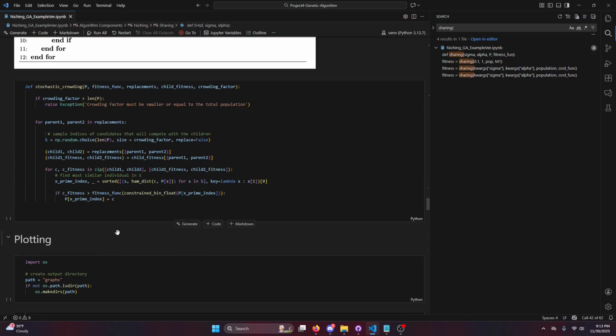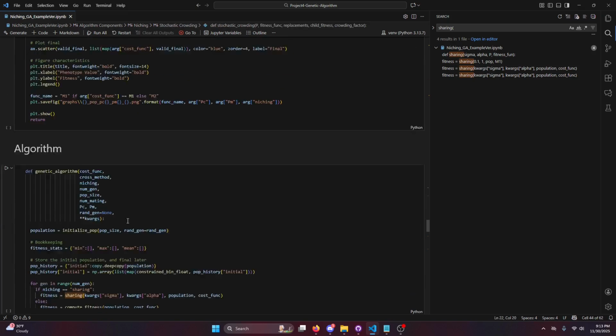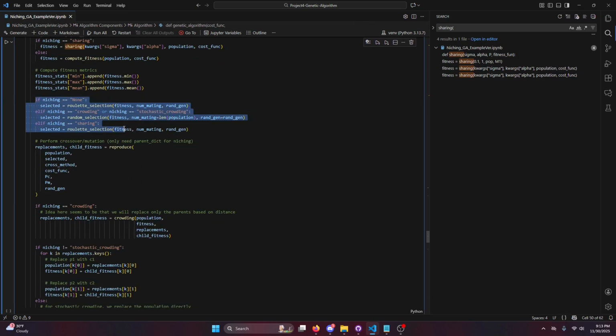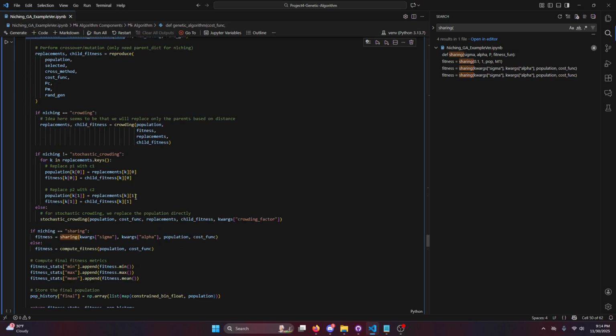We also implemented stochastic crowding, as you can see here, where we replace children based on similarity, and we pick randomly to replace the parents. The only other thing changed in the algorithm is we added in the niching methods, but also there was an issue before where we were only replacing one parent, and we made it so that we replace 2.